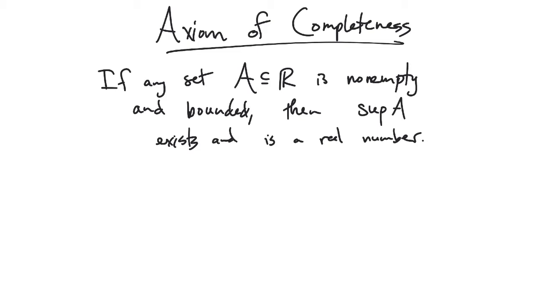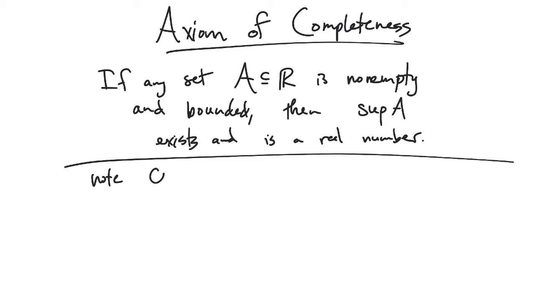I'll just note that Q, the rational numbers, does not satisfy this axiom. The book writes this as AOC, the axiom of completeness. The rational numbers do not satisfy this because it is possible to have a set of rationals where the sup of that set is not a rational number. And we saw an example like that.